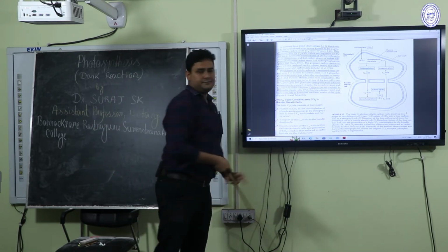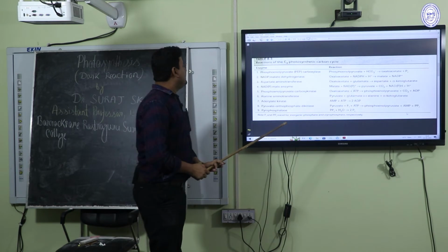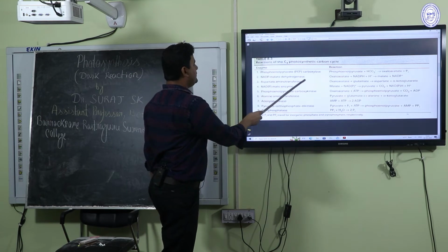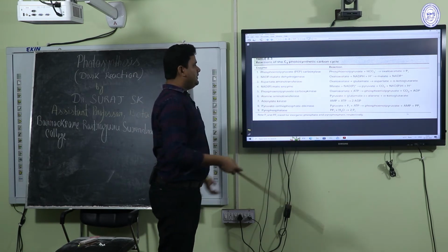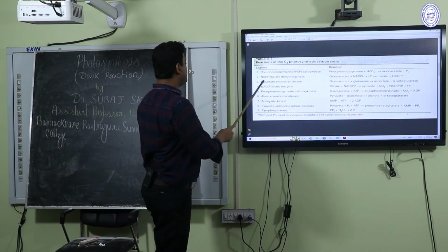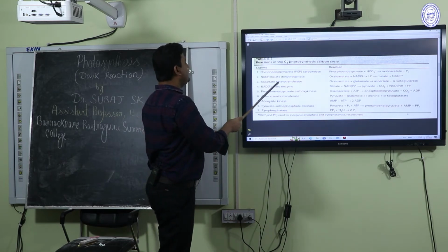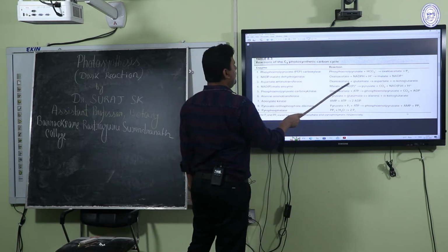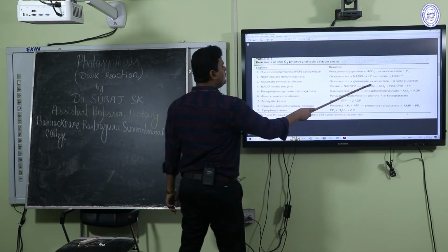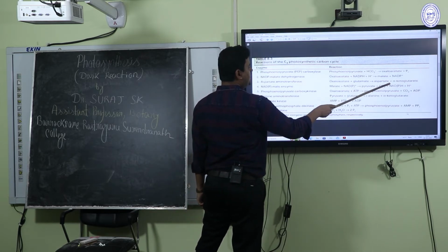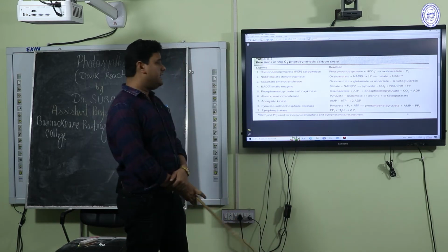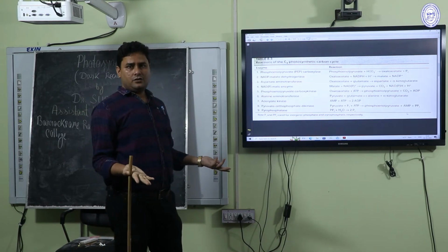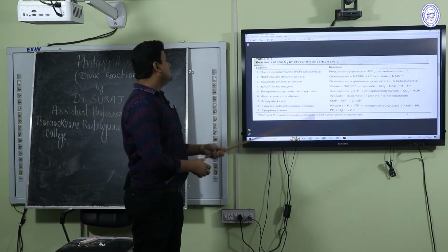In the second reaction, NADP malate dehydrogenase will be involved. In the third, aspartate aminotransferase will continue this reaction, that is oxaloacetate plus glutamate will produce aspartate and alpha ketoglutarate. So you can see here, these are the enzymes which continue this reaction.